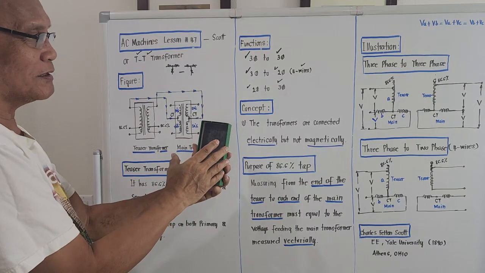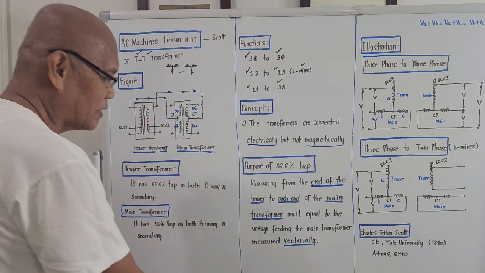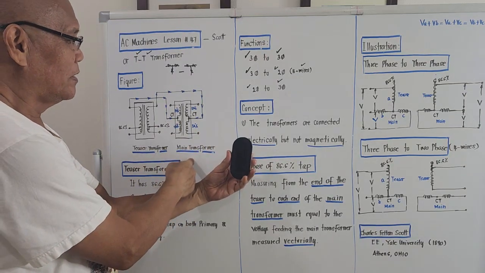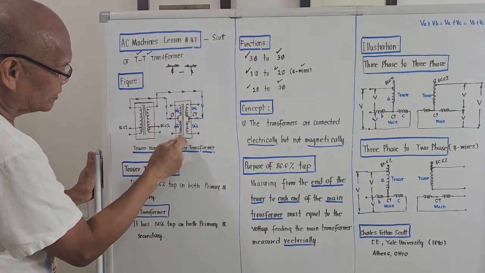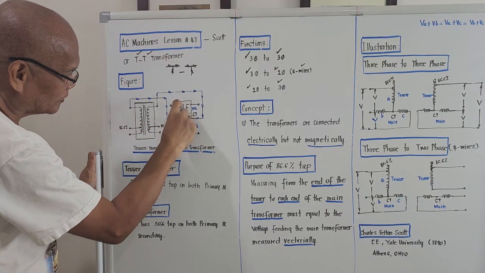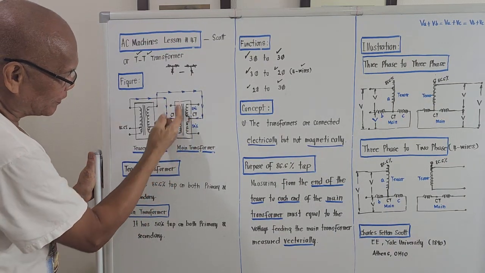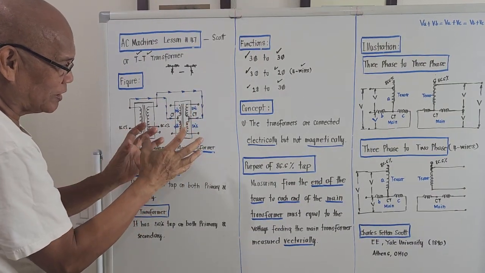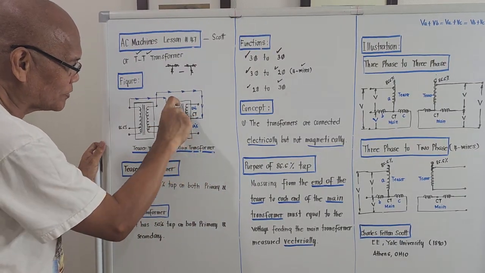So if you hear 86.6% tapping, it refers to the teaser transformer, and if you hear 50% tapping, it refers to the main transformer. 50% means that if this is a whole winding and we get the middle point, this is 50% tapping, this is 50%, and this is 50%. This is the primary side of the main transformer, and this is the secondary side. So it's a complete transformer containing the primary and secondary, in which the tappings are 50%.